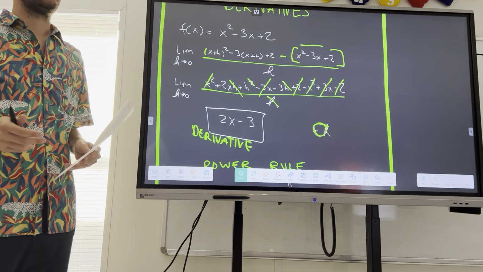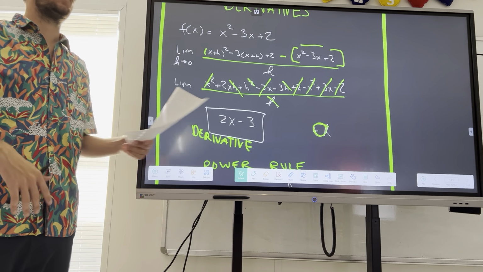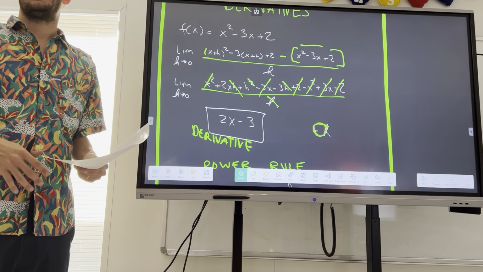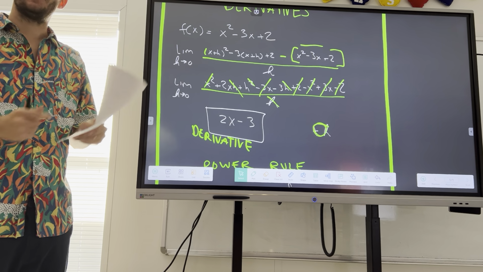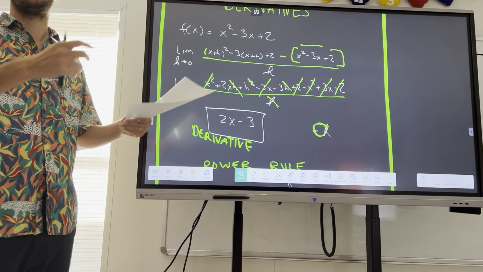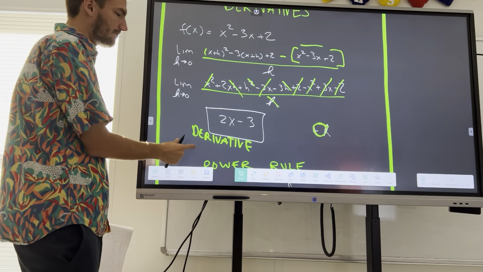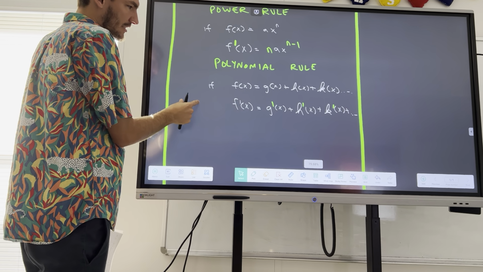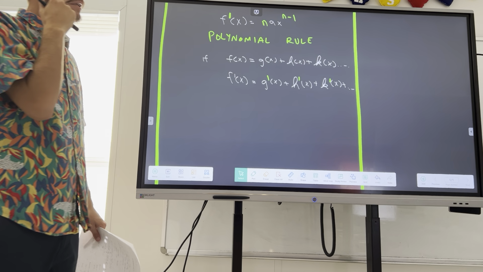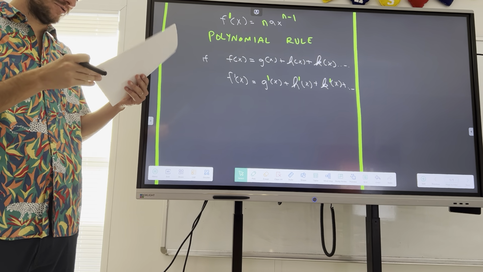Maybe it's something like 5e to the x minus sine x plus 12x cubed. And that sounds like a whole bunch of math, but you can just take it one thing at a time. Do the derivative of 5 e to the x, do the derivative of sine, do the derivative of whatever it is, and take them one at a time. You'll be alright. So this pretty much means as long as we have a function that looks like a polynomial, we can take the derivative using the power rule.